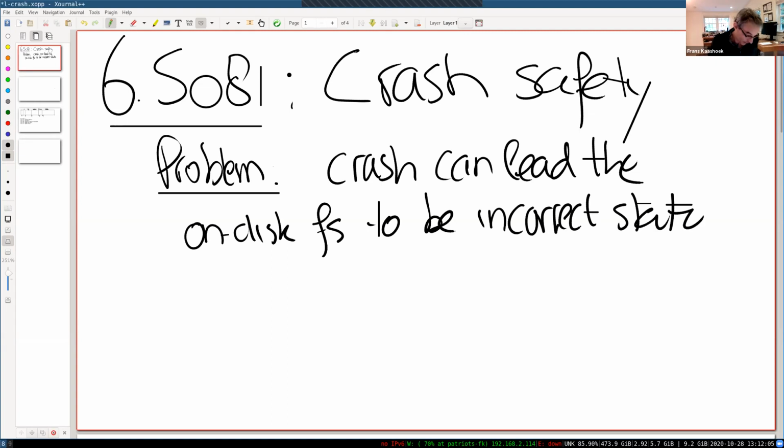And what I mean by an incorrect state is, for example, a data block belongs to two files, or an inode is allocated to two different files.